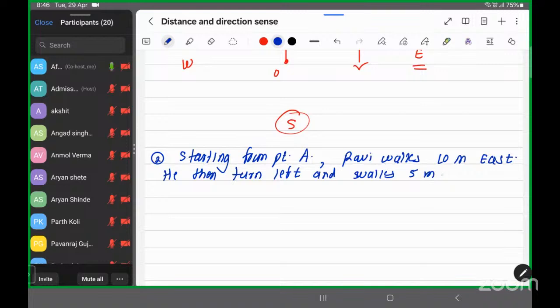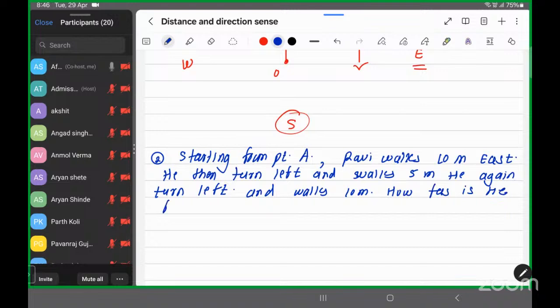He again turns left and walks 10 meter. How far is he from point A? Options 5, 10, 15, 20. Draw the diagram and the answer will come.